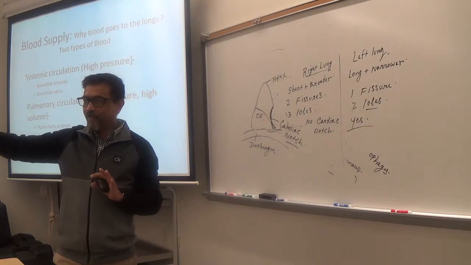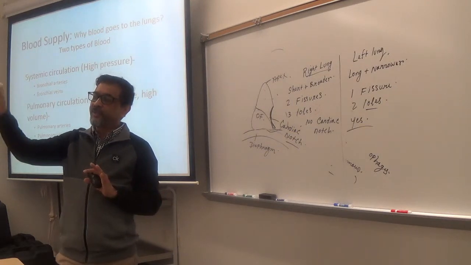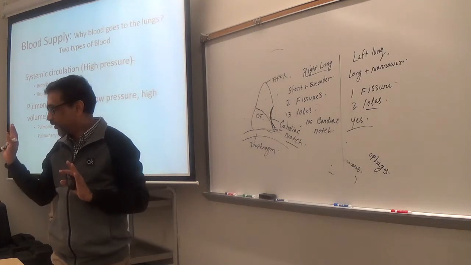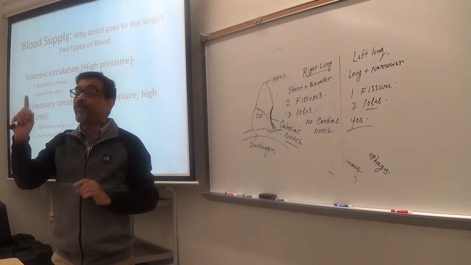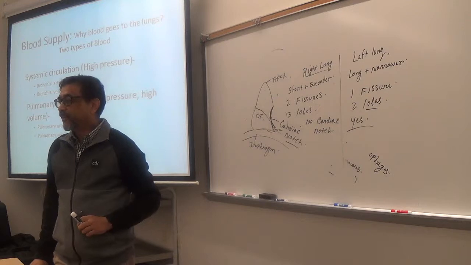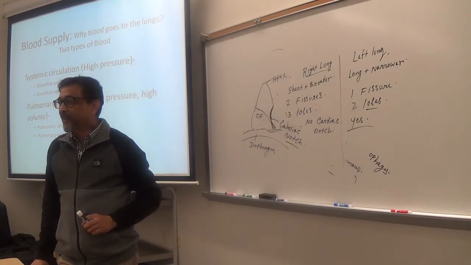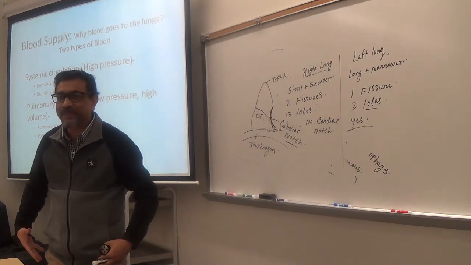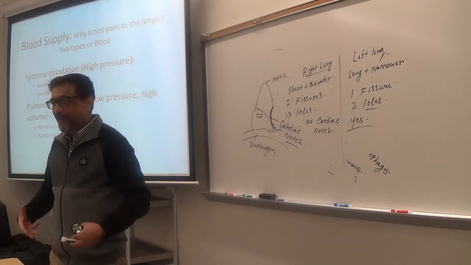You already know that. The lung receives deoxygenated blood from the heart, that is pulmonary circulation. So that is one circulation. But lung tissue needs what? Blood. Also needs oxygen or carbon dioxide? Oxygen. All tissues of your body need oxygen, right? For metabolism.